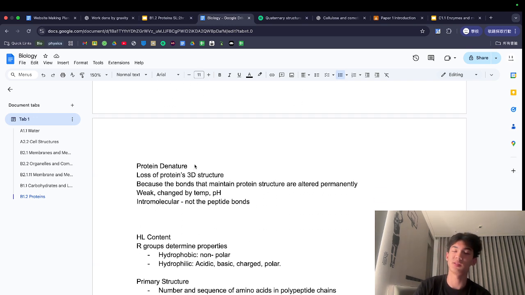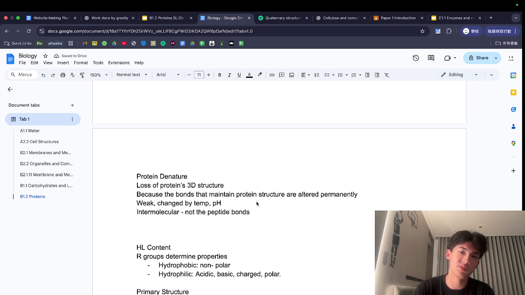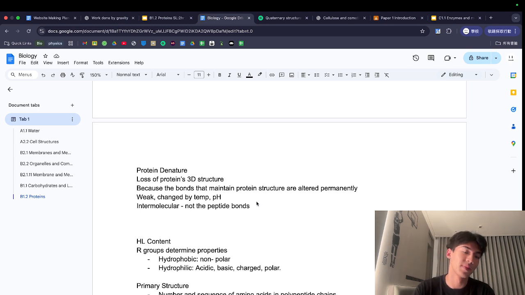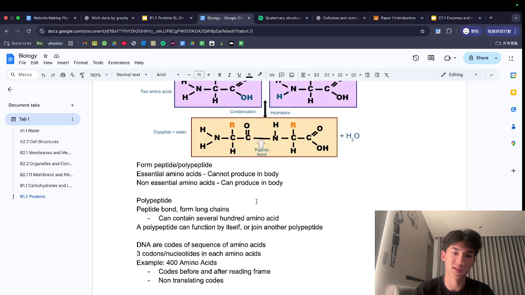About protein denaturing. Denaturing is when your proteins cannot function anymore because the protein's 3D structure is lost. This is because of intermolecular forces, not the peptide bond. It is the hydrogen bonds that are breaking, not the bonds that are here.